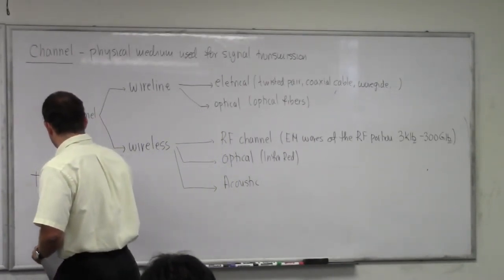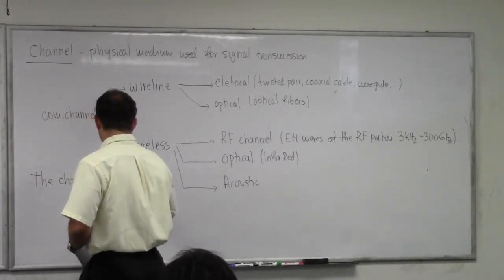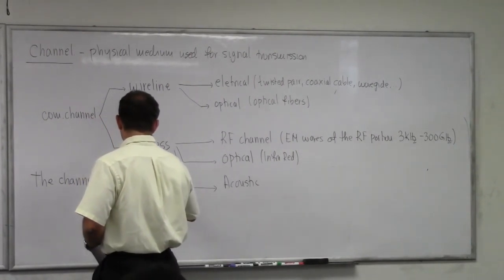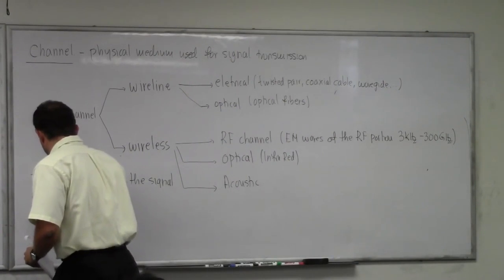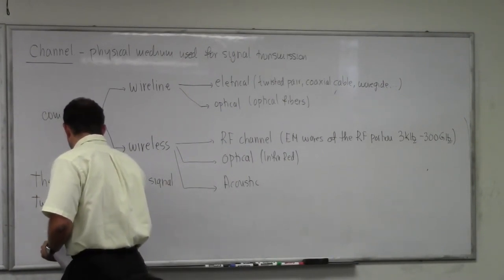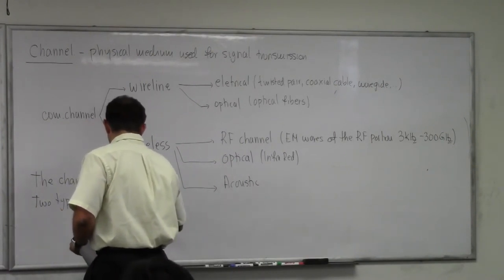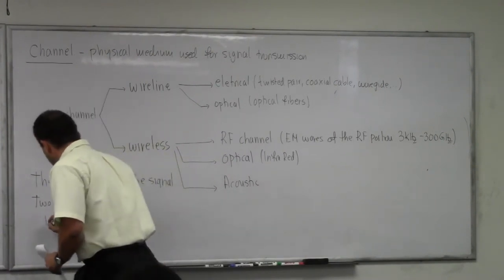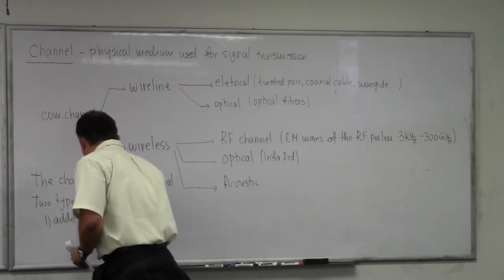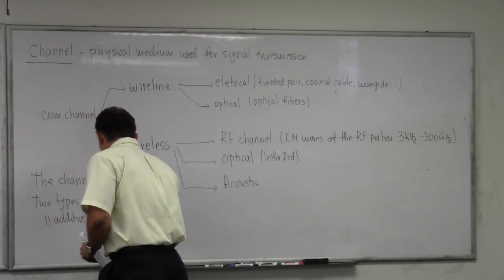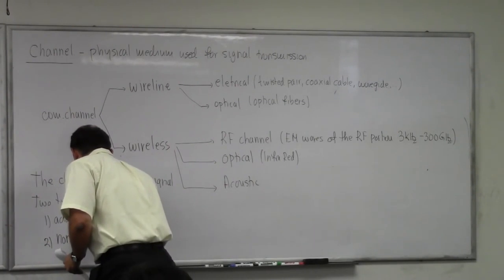Let me put that here as a note. The channel distorts the signal, and there are two types of distortion. The first type we're going to call additive distortion, and the second type we're going to call non-additive, right?